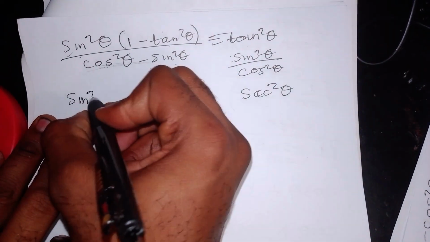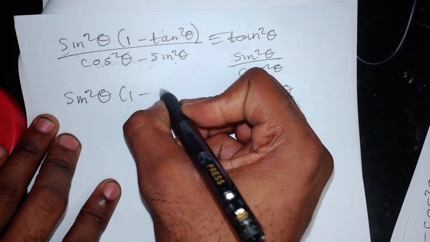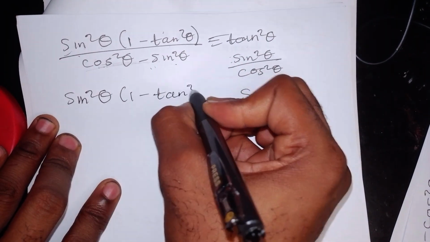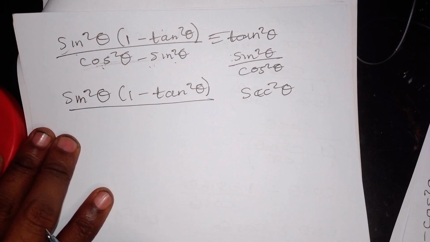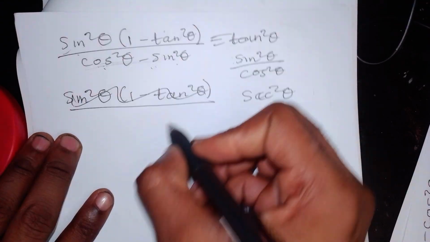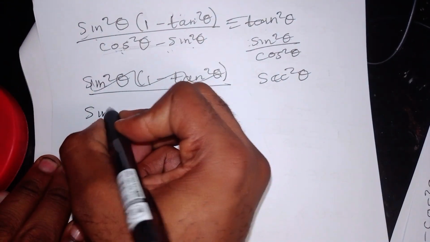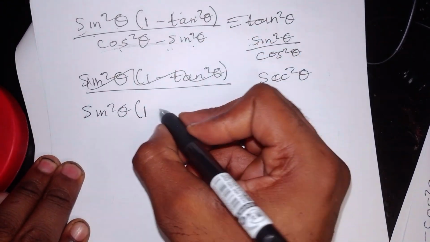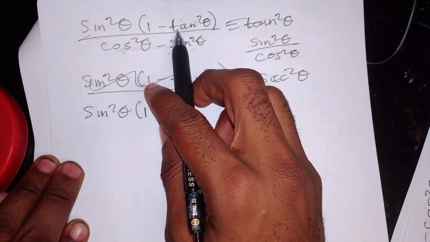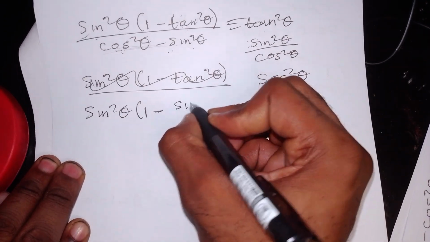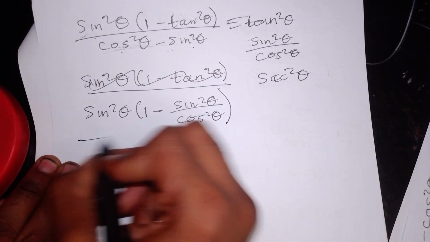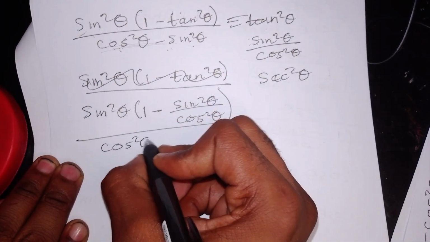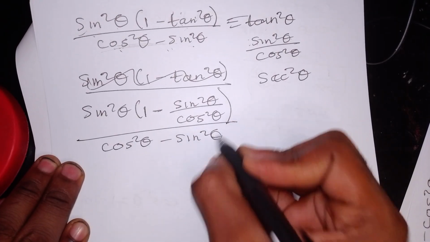We have sine squared theta, then 1 minus tan squared theta, everything over. So I can change, anyway, let me change this. Sine squared theta 1 minus, this one will be sine squared theta over cos squared theta, everything over cos squared theta minus this.